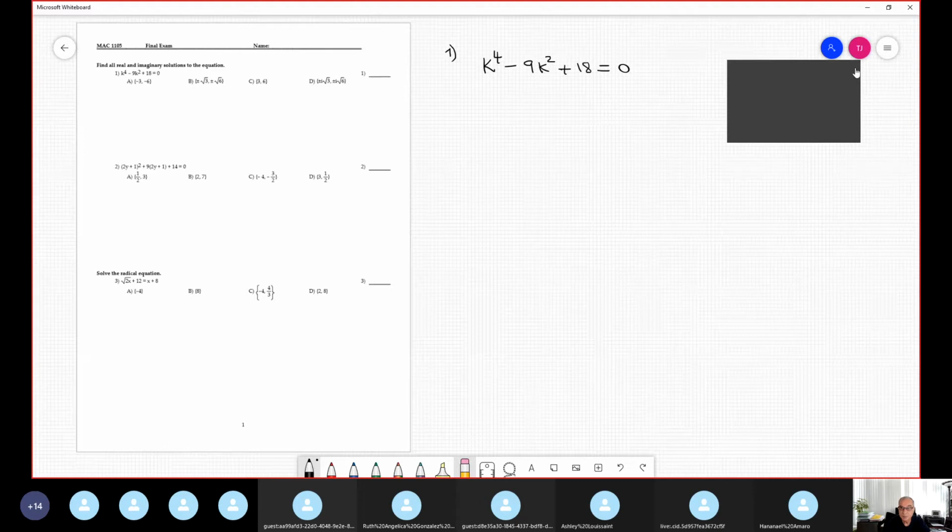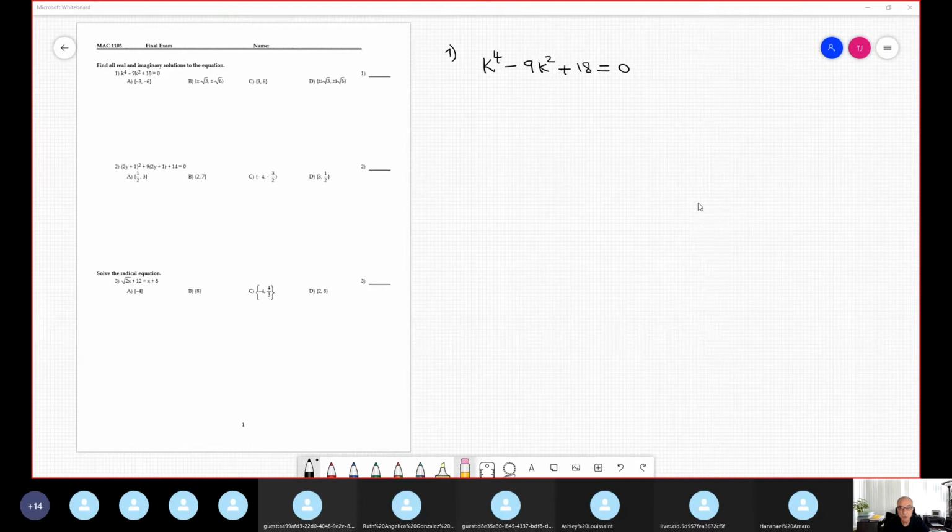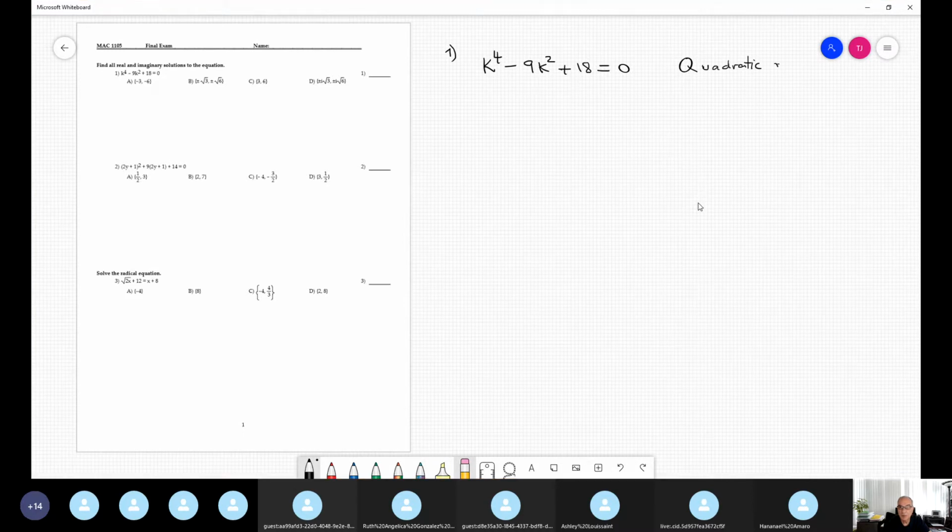This is my first question. It's obvious that this is a quadratic equation. A polynomial, right? A polynomial, degree 4. We expect 4 solutions. Quadratic in form.